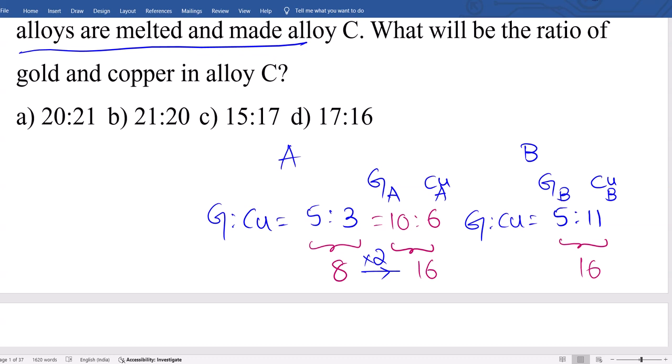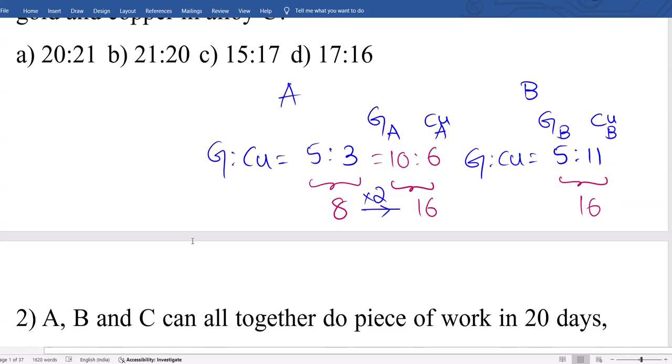Why did we multiply by 2? That's one method. If you are not understanding, the other method is to take some value for A and B equally. Then find what is gold in A, copper in A, gold in B, copper in B. You assume some equal value for both A and B, then mix them up. That's all fine.